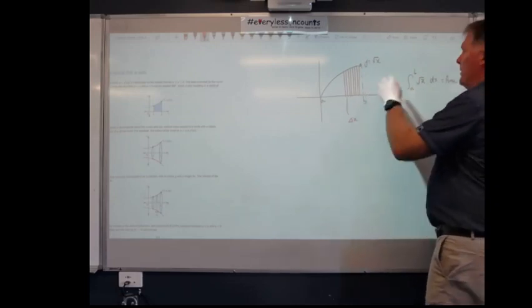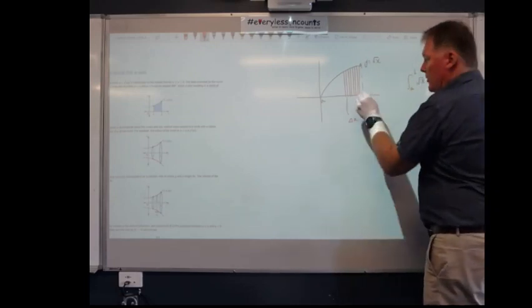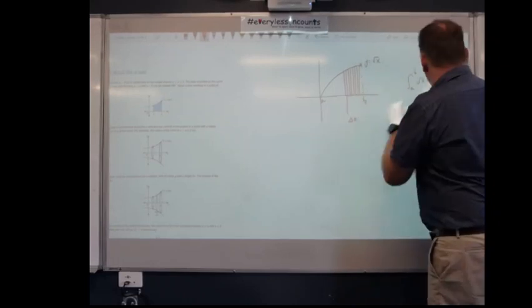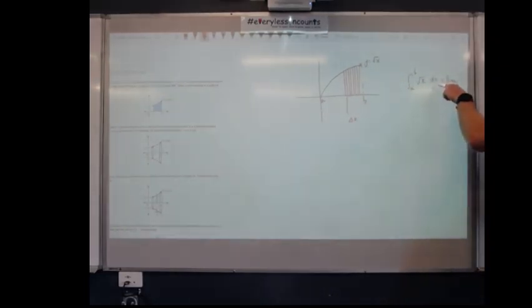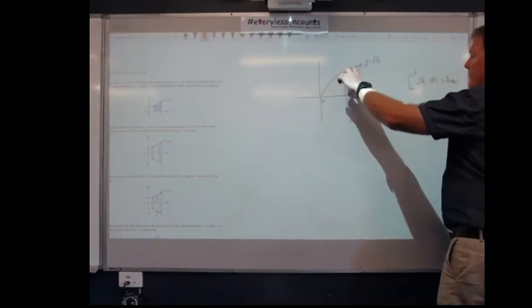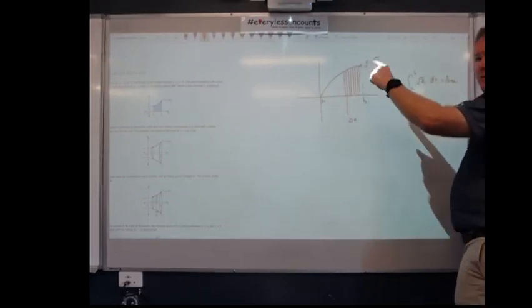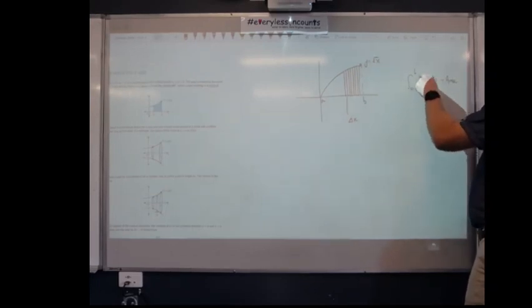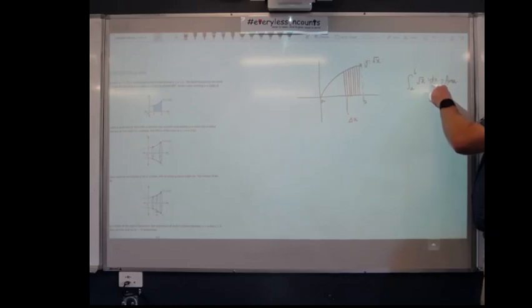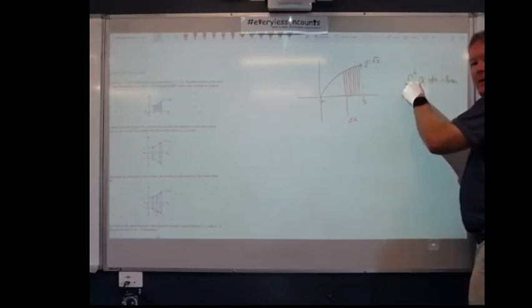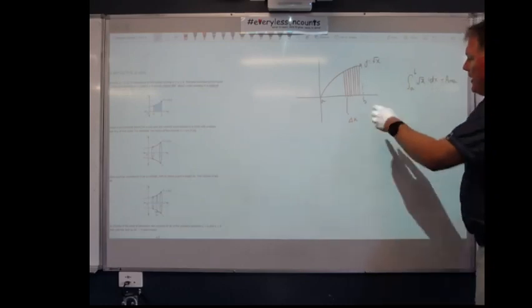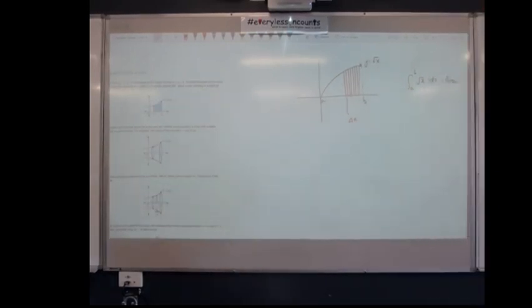So in order to come up with this idea of an integral, we took really, really small values of x, hence the dx part here. The heights come from substituting the x value into our function, multiplying it by the width, and then adding them up. That gives us our area. If we can make this delta x approach 0, then that's how we get our integral.